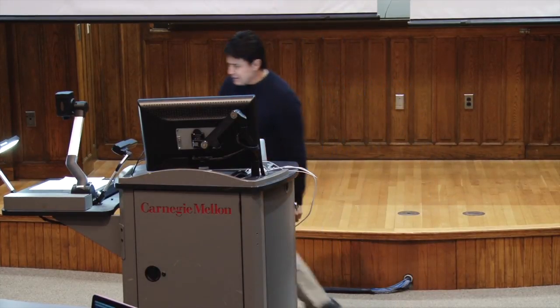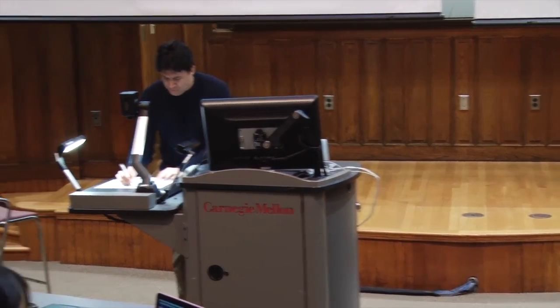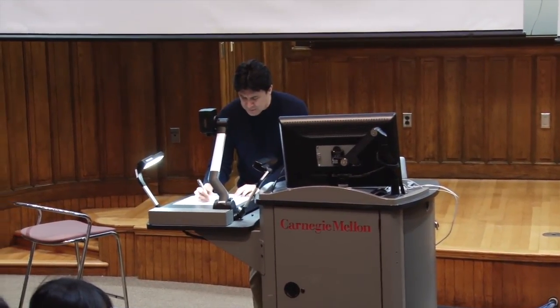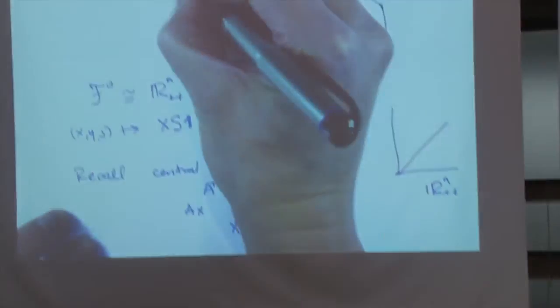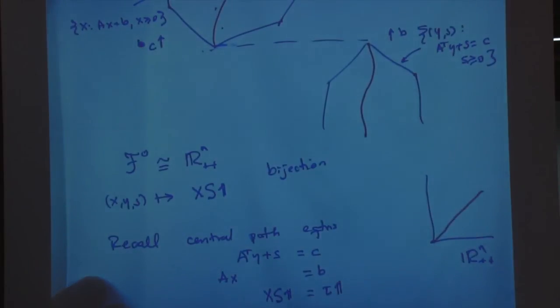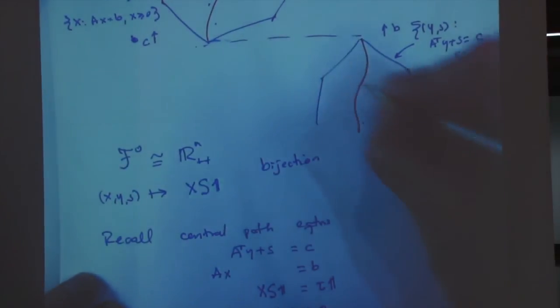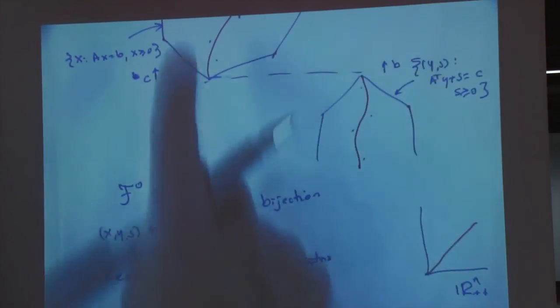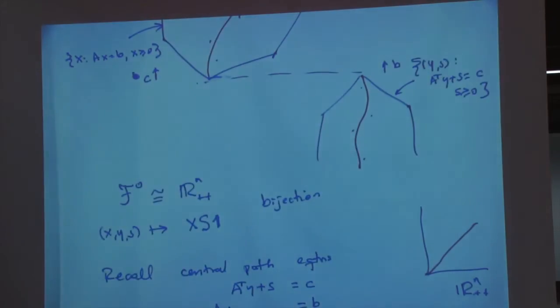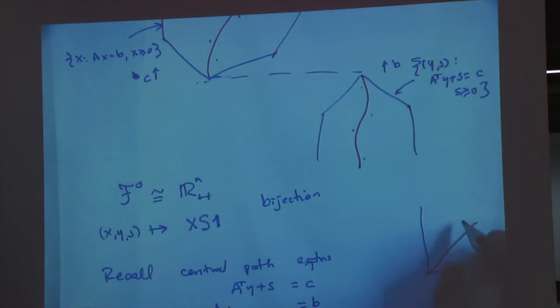Throughout the algorithm, we have points that we keep updating, ideally getting close to the optimal solution, and likewise in the dual. We are generating both primal and dual points. In terms of this correspondence, we are generating points that are converging to the optimal solution.